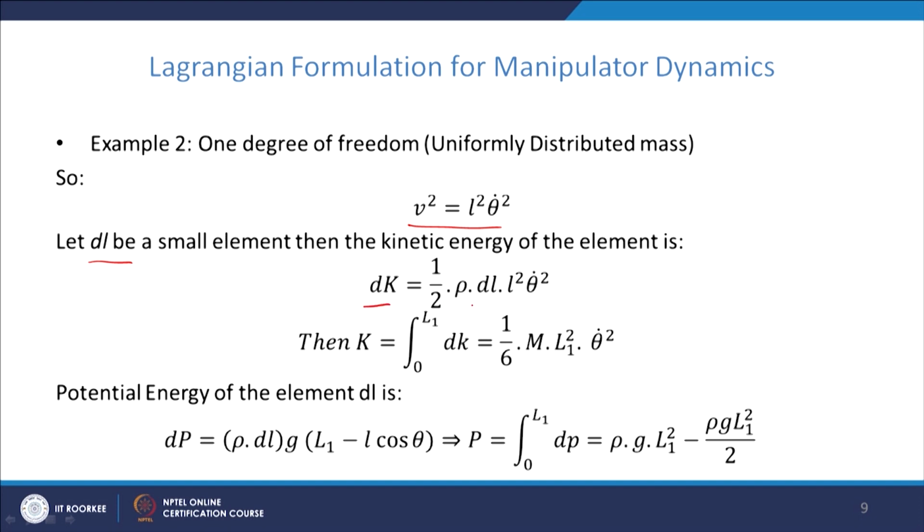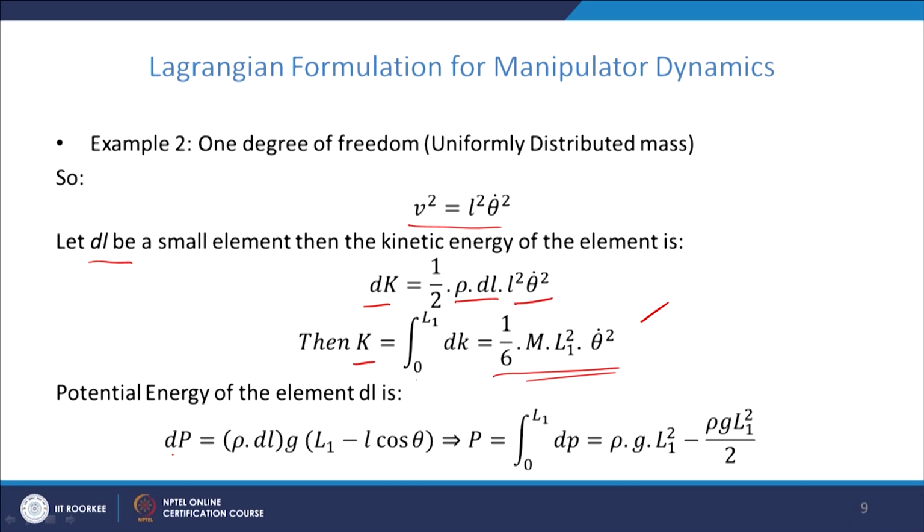It is half into density into the small length dl, L square theta dot square. Now, if you integrate the whole thing, then we will get the total kinetic energy of the entire pendulum. So, we have to integrate with respect to L. L is varying from 0 to L1, the total length of the pendulum. So, if you integrate, we will get 1 by 6 m L1 square theta dot square. It is the kinetic energy.